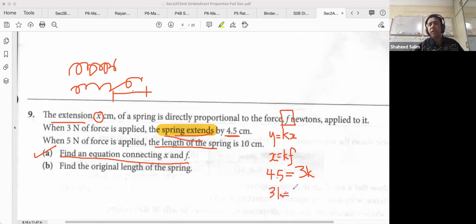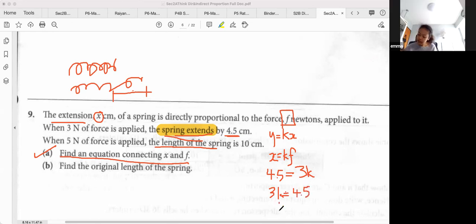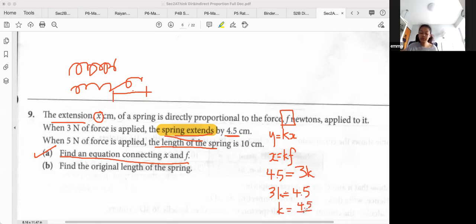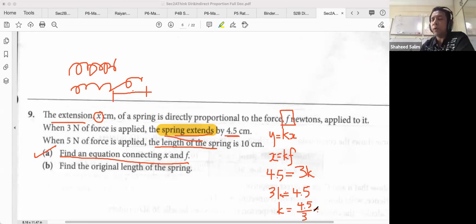I'm just rearranging it. And k equals to 4.5 divided by 3 lah. What do you get? It's 1.5. So we know that k is a constant 1.5. Once you know this, you have the formula.